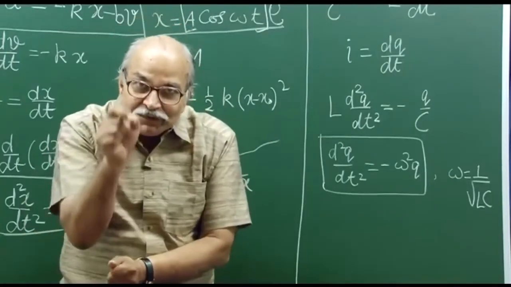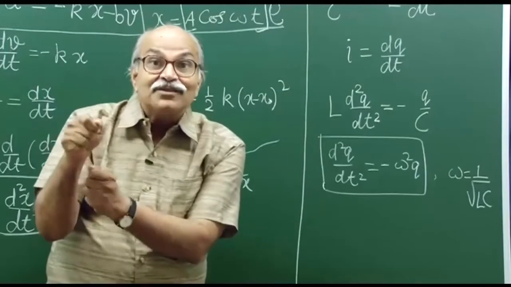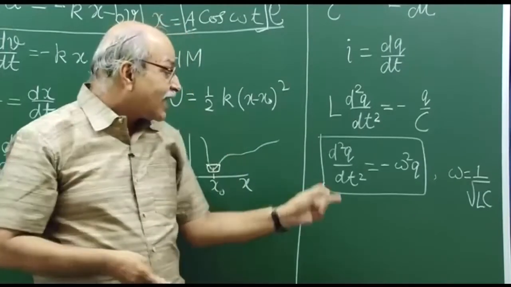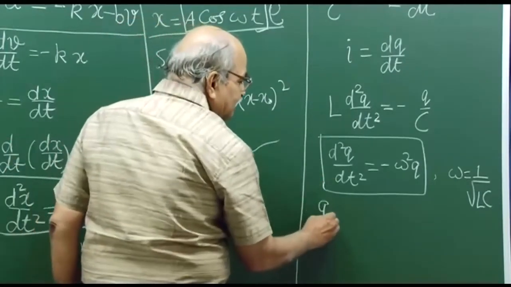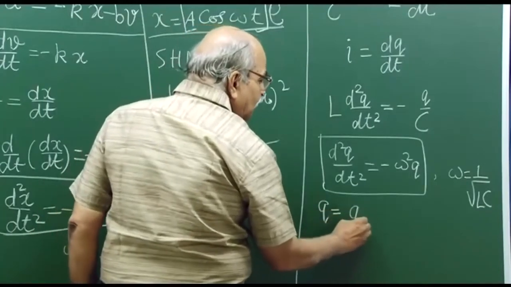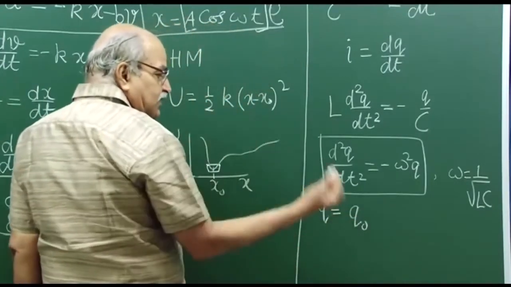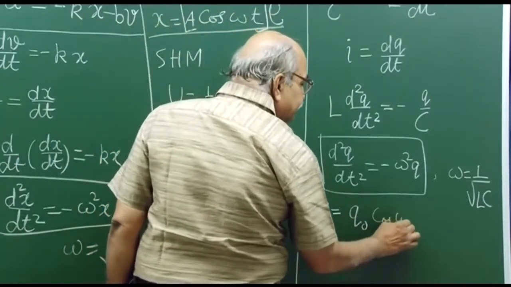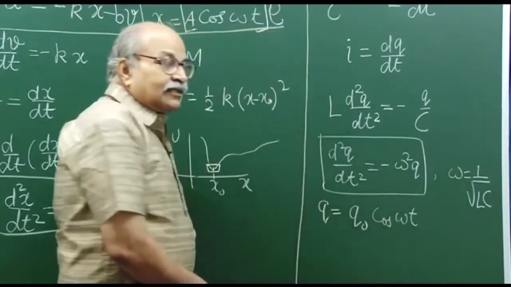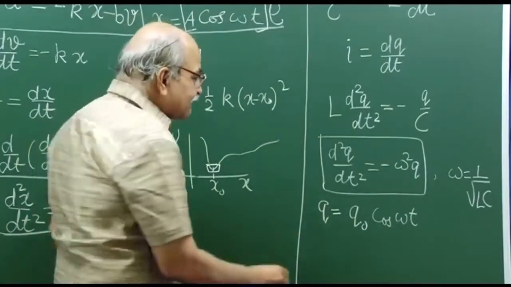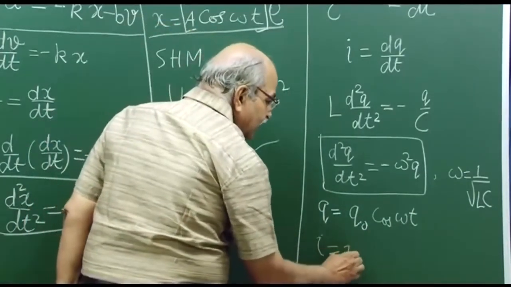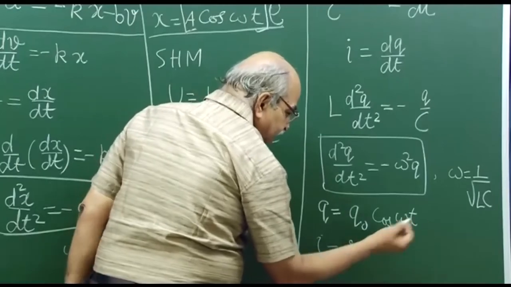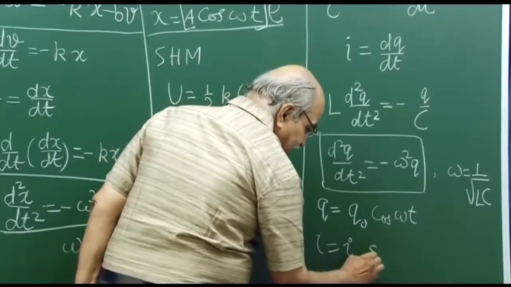So, this q, the magnitude of charge, oscillates in time, and that oscillation will again be given by q equal to some q naught, the maximum initial charge that you have given, times cos omega t. And similarly the current will oscillate, I equal to I naught times sin omega t or like that.